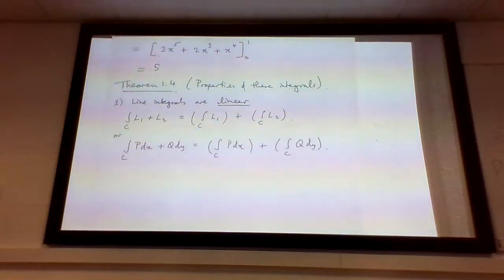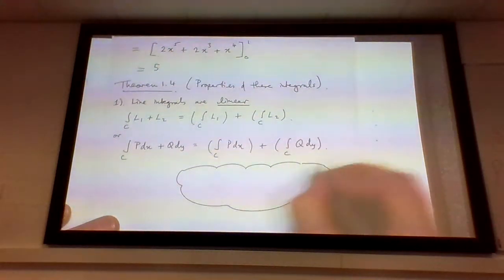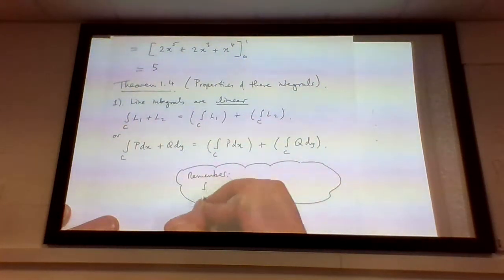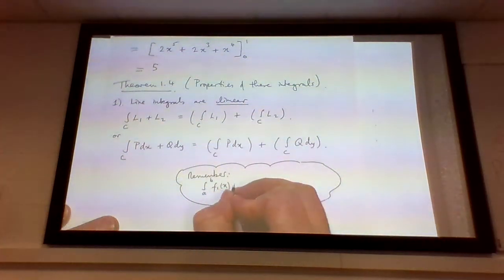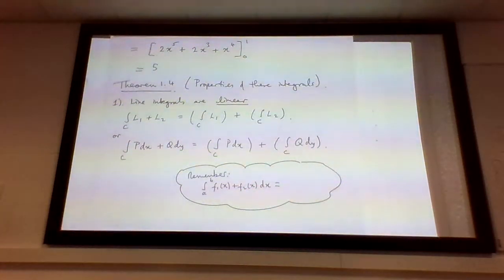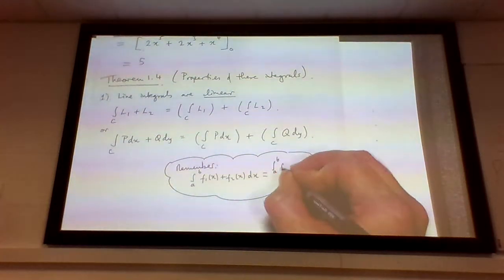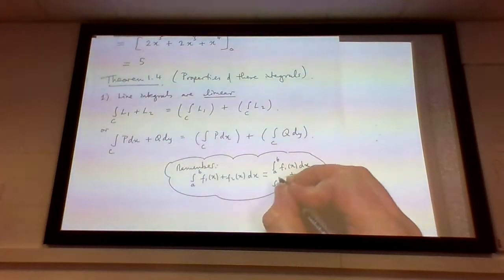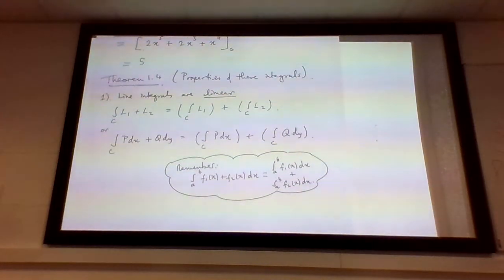And of course, remember, from the single variable case, if you were faced with an integral from a to b of a function f1 of x plus f2 of x dx, you can split that into the integral from a to b of f1 of x dx plus the integral from a to b of f2 of x dx. Okay.